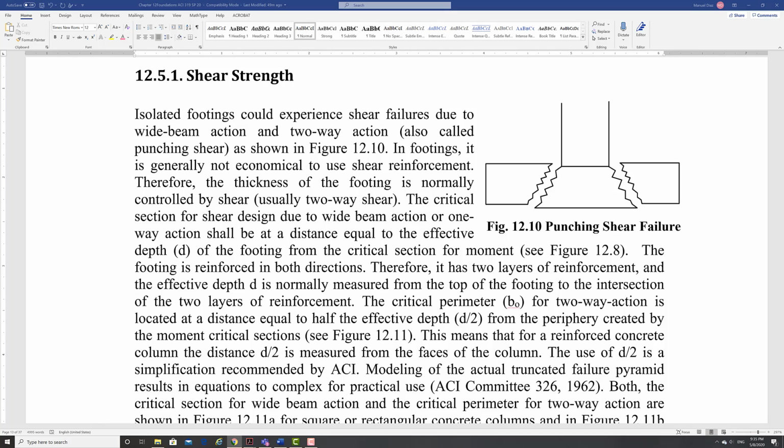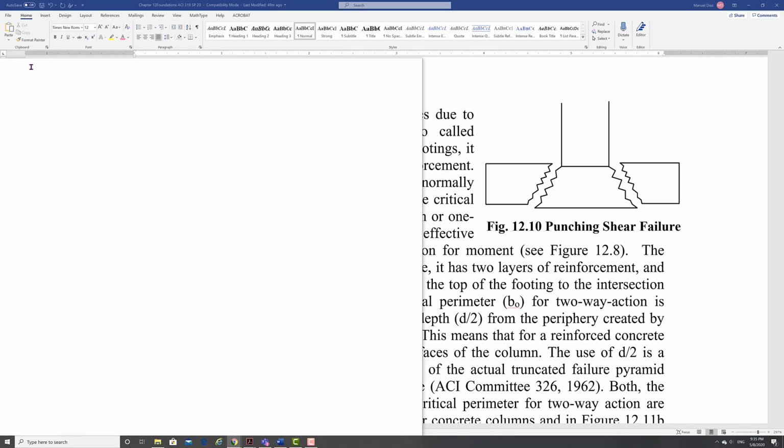Okay, well, let's look at this. Kind of. Not that great, but okay.